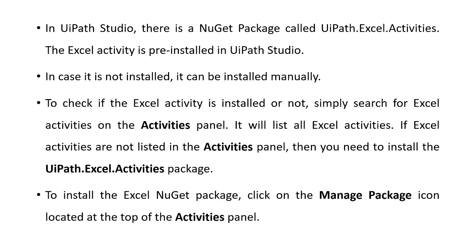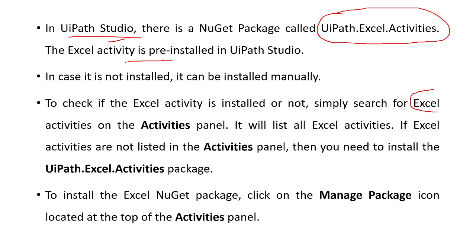If you want to use that feature in UiPath Studio, then obviously you have to make sure that your UiPath Studio has been configured with Excel activities. It will be pre-installed, it seems. If it has not been installed, then you have to install it manually. How to check whether it has been installed or not? It is very simple.